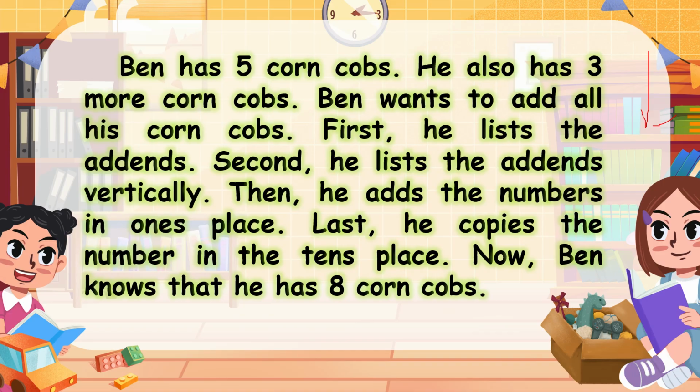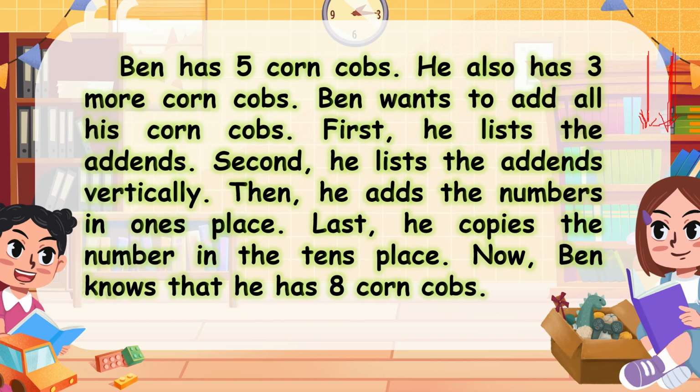Then he adds the numbers in ones place. If there are two numbers, he adds the numbers first on the right. The ones place is always on the right. Last, he copies the number in the tens place. The tens place is always the second, on the left. The right is the ones, the left is the tens. Now, Ben knows that he has 8 corn cobs.